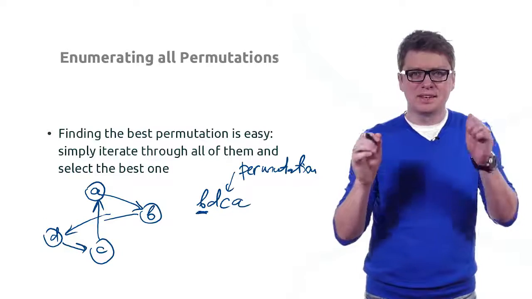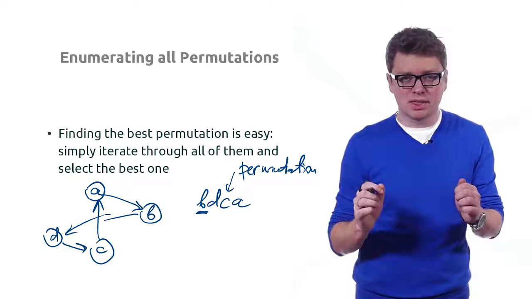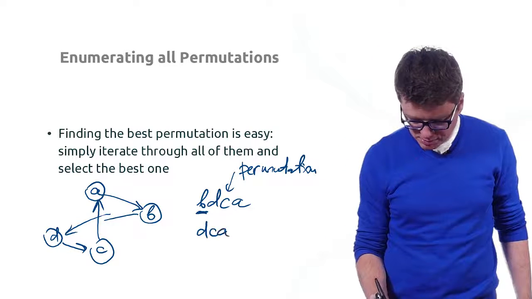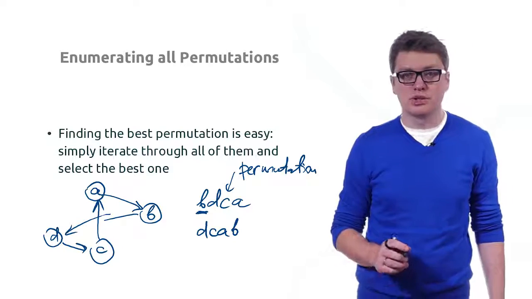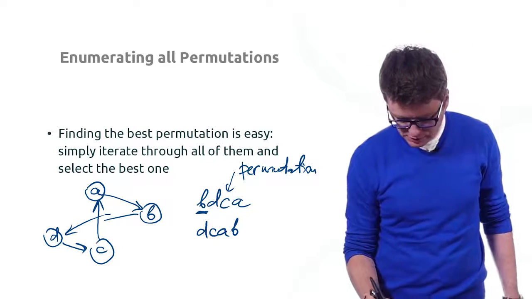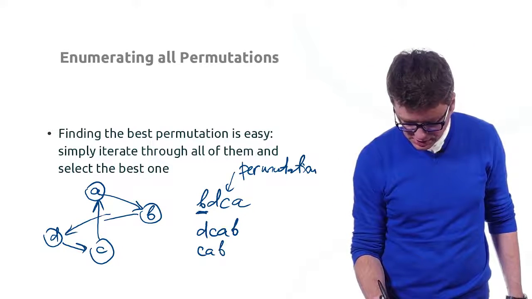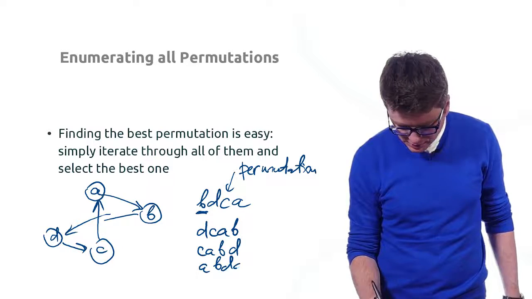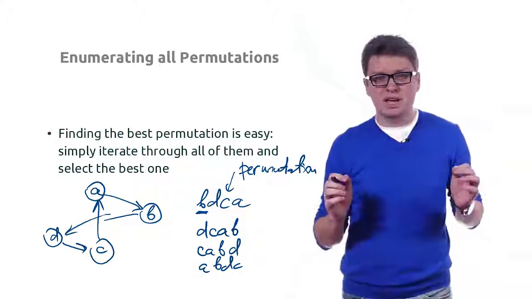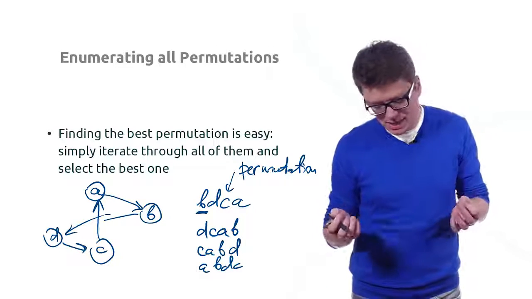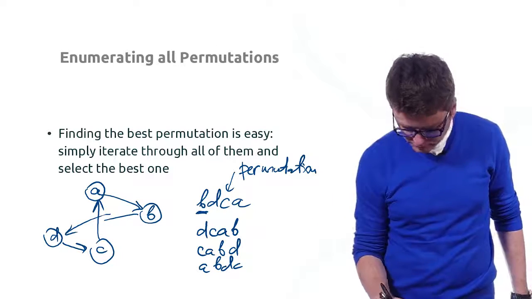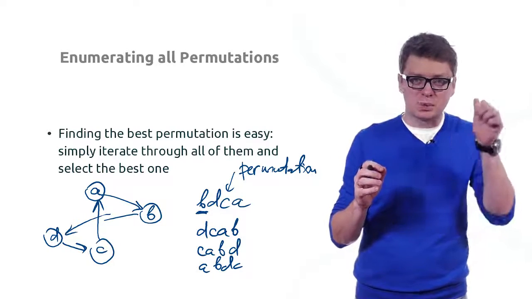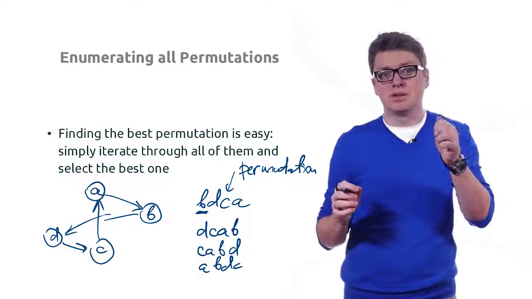So, for example, the permutation DCAB also gives rise to the cycle shown here on the slide, and also CABD, and of course ABDC. They all give the same cycle because, for example, DCAB is the same cycle where we start from the node D.